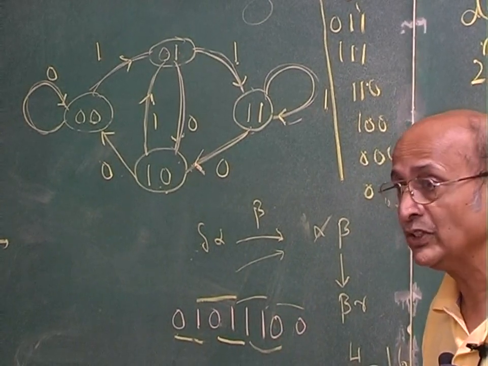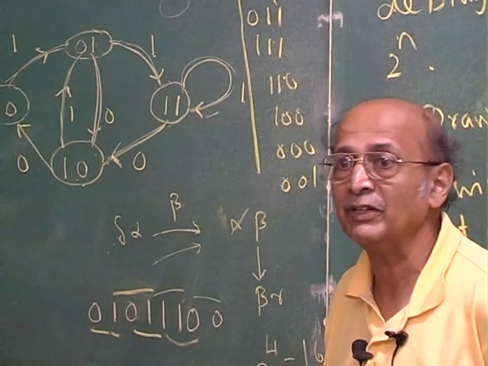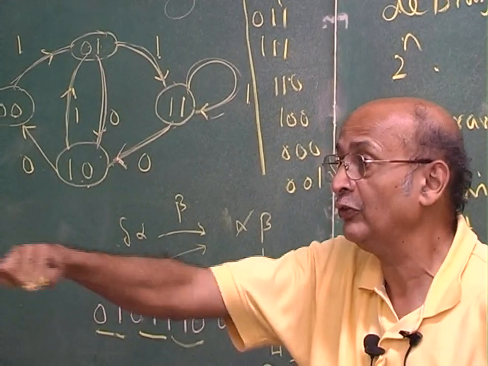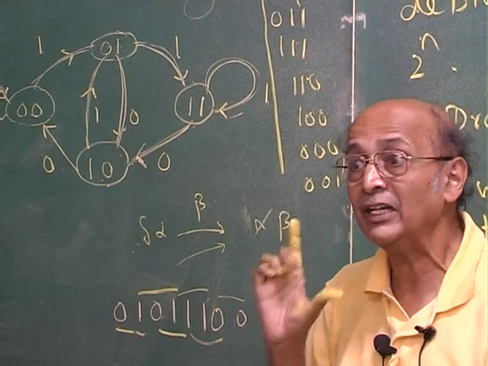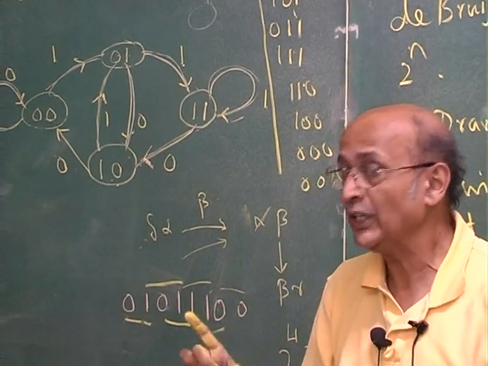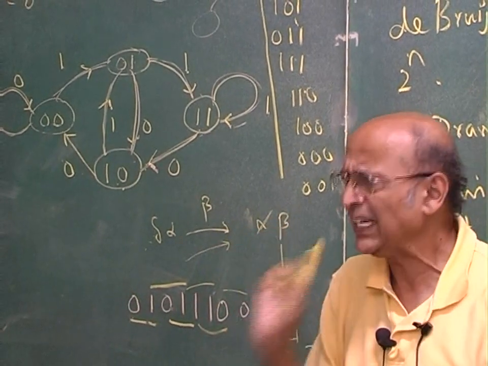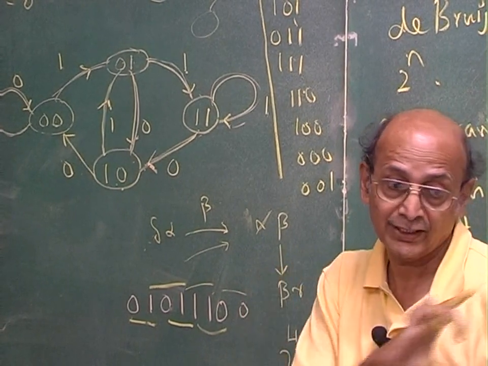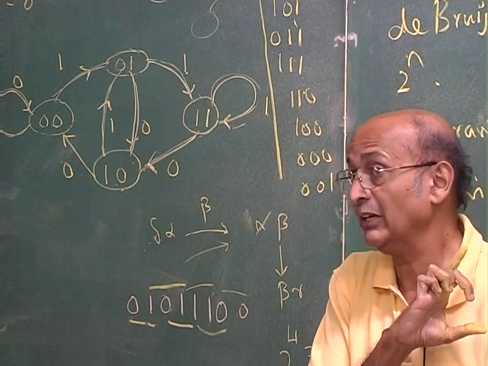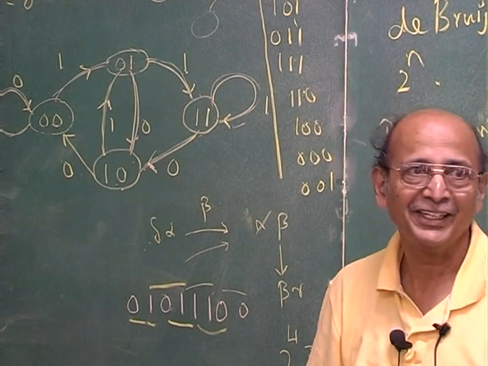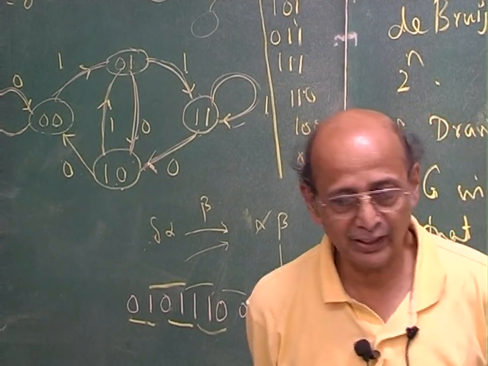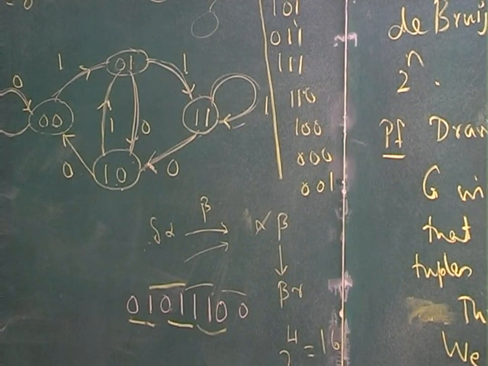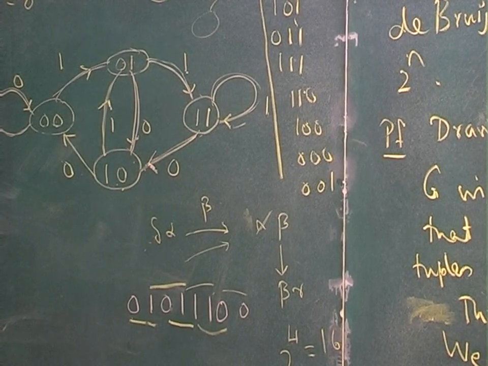And then get the de Bruijn sequence. So you get a binary sequence of length 16 in which every 4-tuple of consecutive digits will exhaust all the 16 possibilities, 2 raised to 4 equal to 16, exactly once. Okay? So this is quite an elegant construction, a very nice application of the directed Eulerian situation. Is that clear?